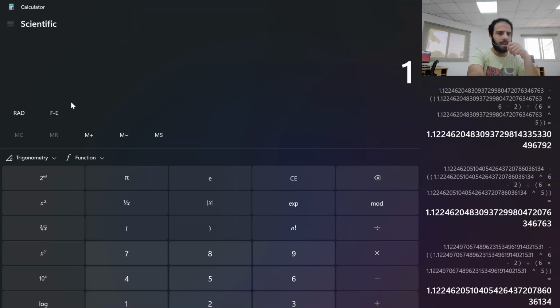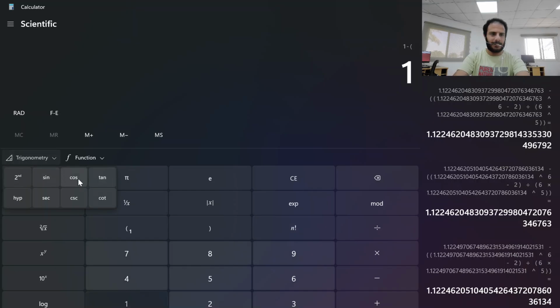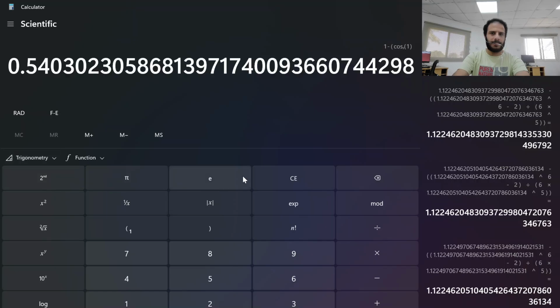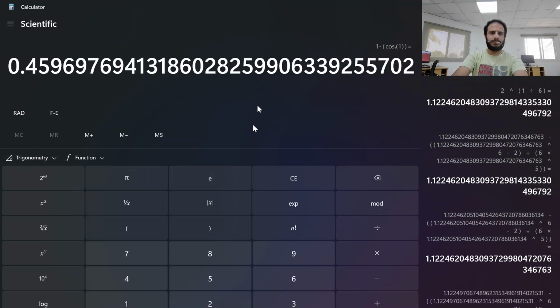Now you calculate, 0.5 cosine... yeah, 0.45, right? Yes. It's positive, right?